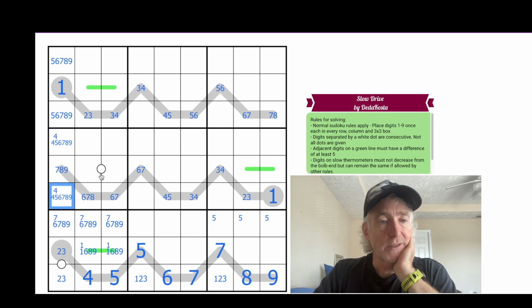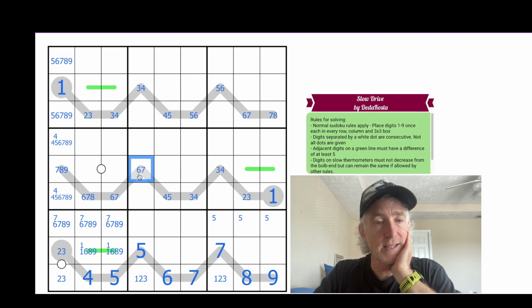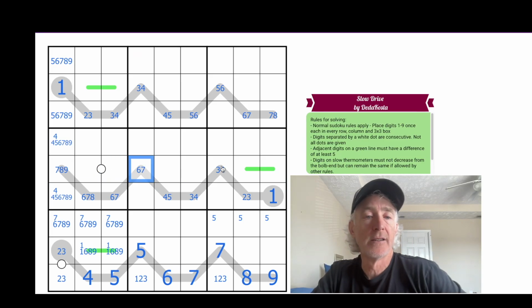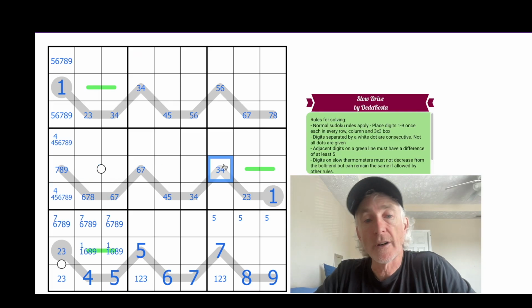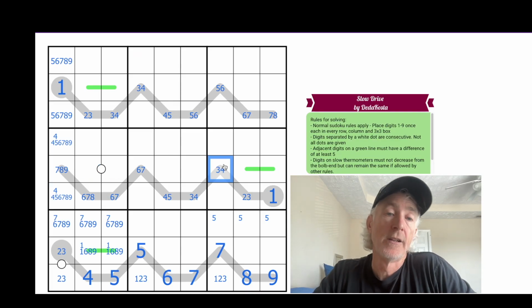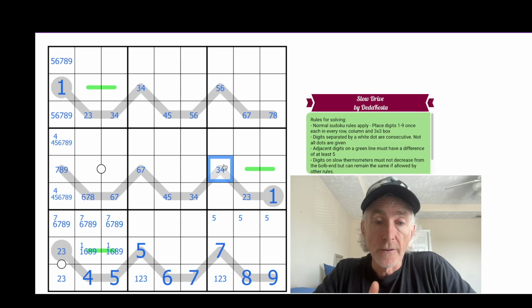Now coming back down to this domino, let's think about what this can be. We already can see this is never going to be a 6, 7, because then we wouldn't have any options for this cell. This is never going to be a 3, 4, because we wouldn't have options for this cell. It also will not be a 2, 3.